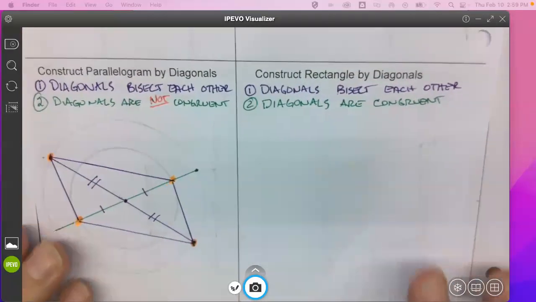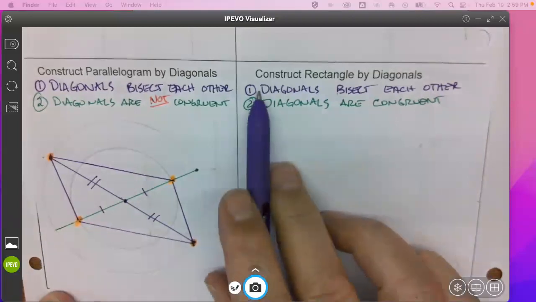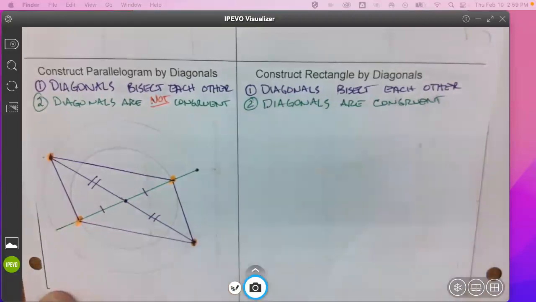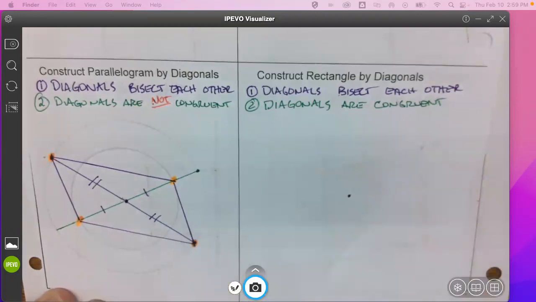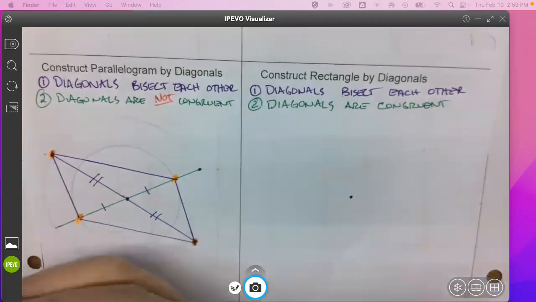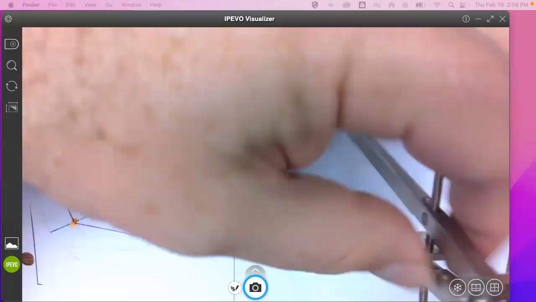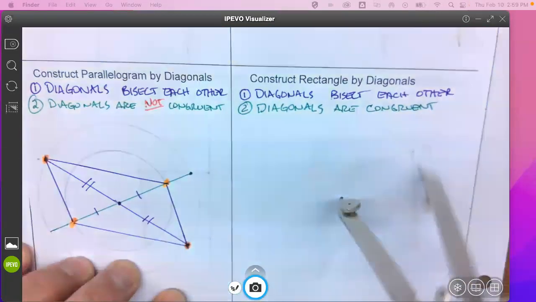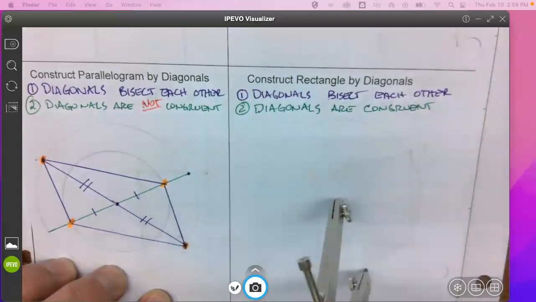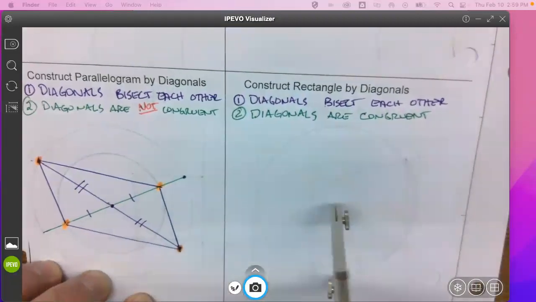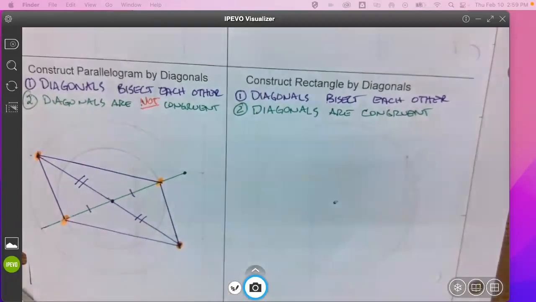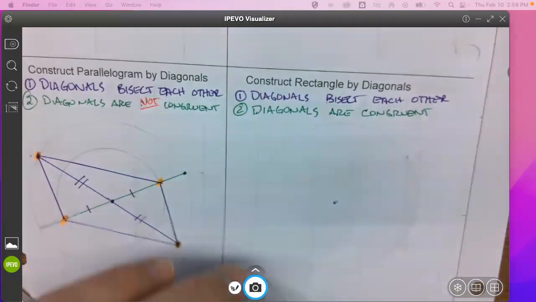Let's move back over here to the rectangle. Do we still need diagonals to bisect each other? So let's do the same thing with the circle again. Put it in the center, make it as big as you can. Draw one diameter.